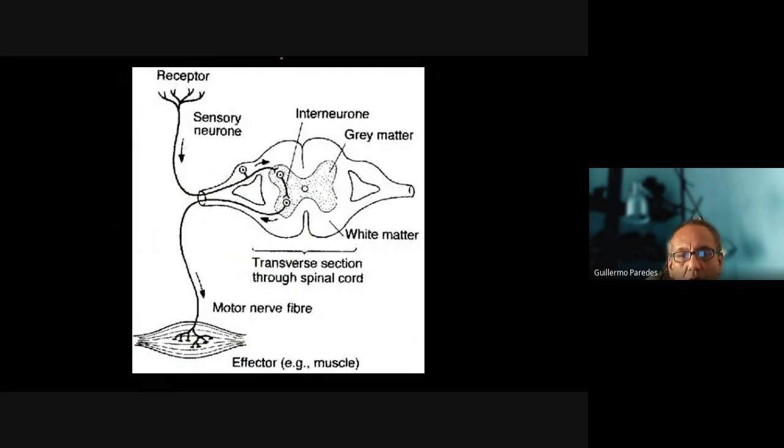So here we have a cross section of the spinal cord. Just to have an orientation, the spinal cord is going to be drawn something like this. If you see here, this is anterior, and this is posterior.